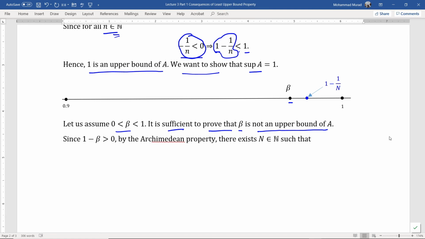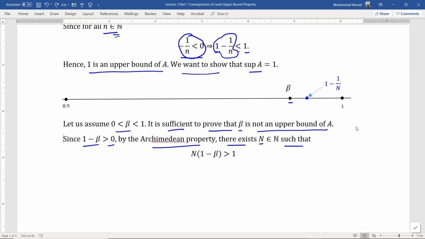Since the quantity 1 minus beta is larger than 0, meaning positive, by the Archimedean property, there exists a natural number n such that n times 1 minus beta is larger than 1.